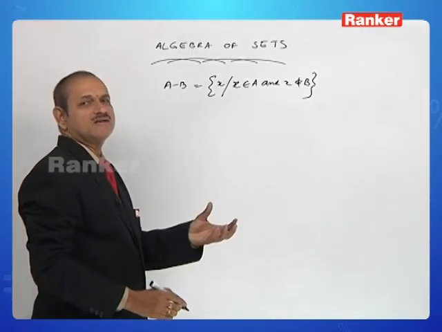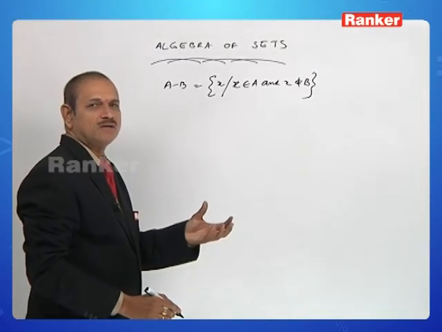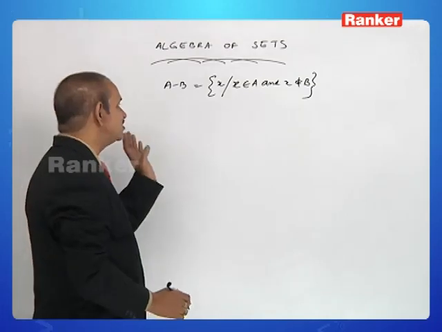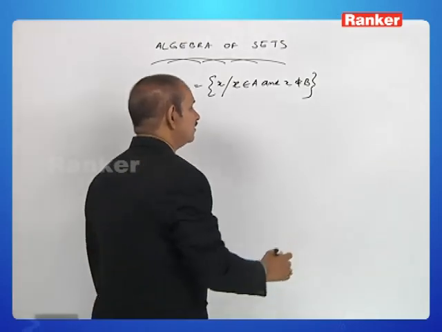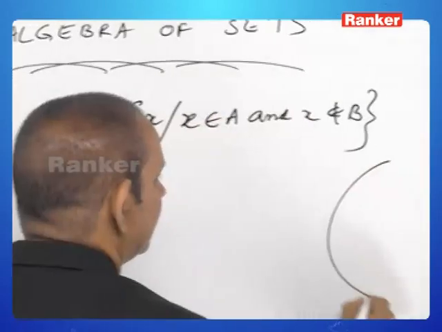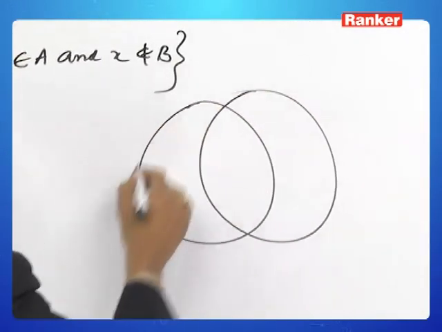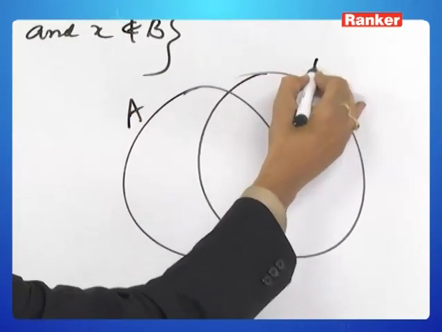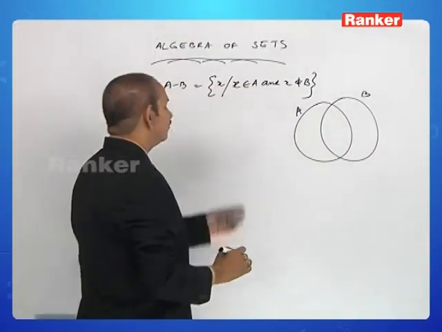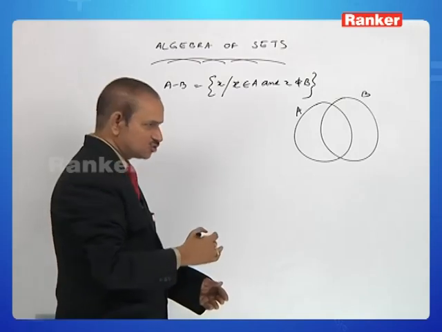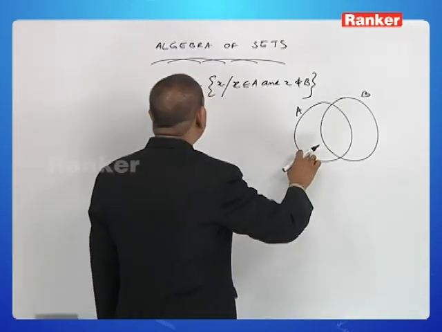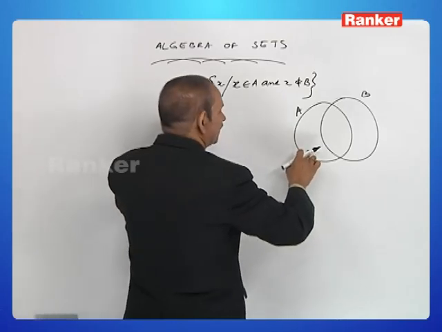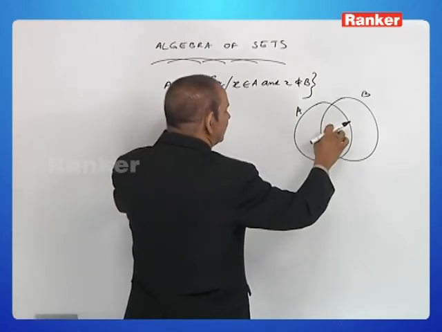All those elements which are in B must be deleted from A, if at all they are present in A also. It will be very clearly understood by means of the Venn diagram. This is A, this is B. For A minus B, you first enter into A, and you delete B. If a part of B is there, you delete this.